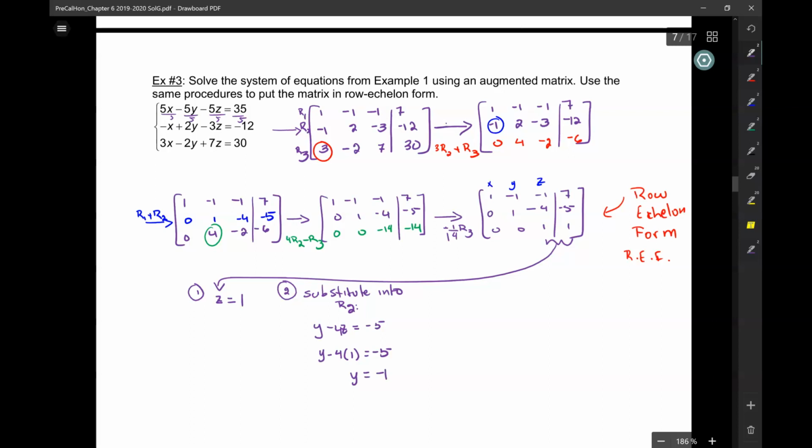Negative 1. Then substitute into R1. X minus y minus z equals 7. X minus negative 1 minus 1 equals 7. What's x? 7.